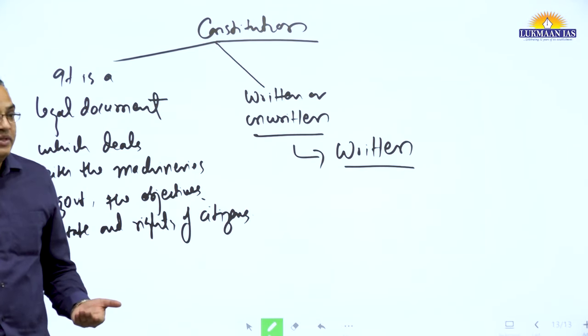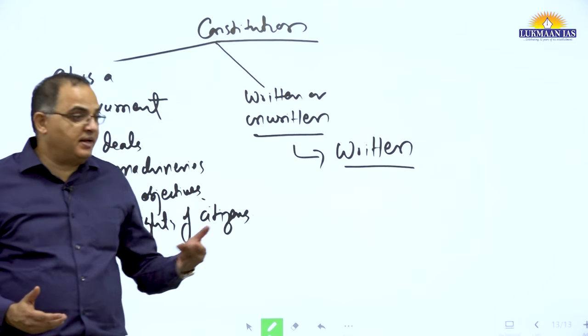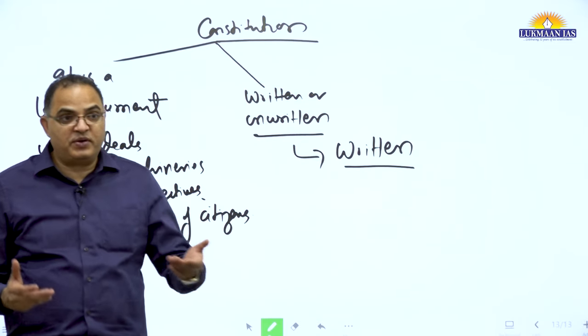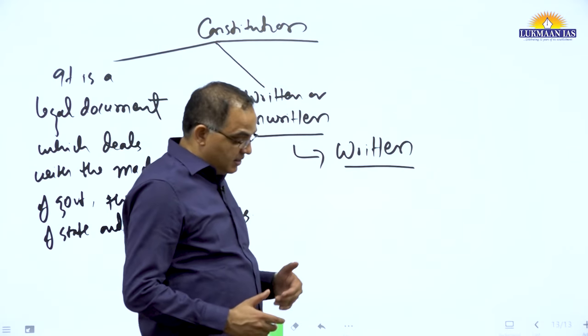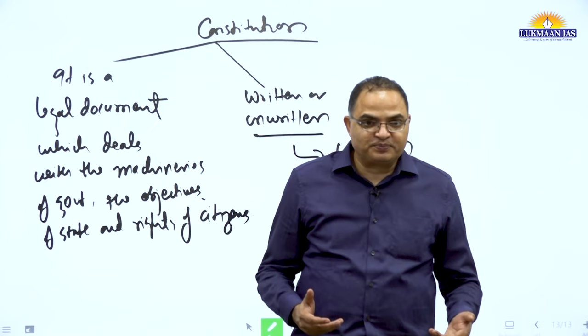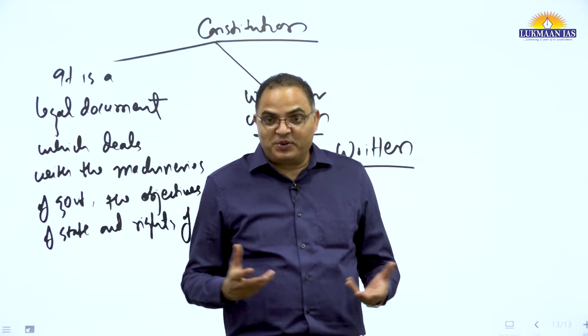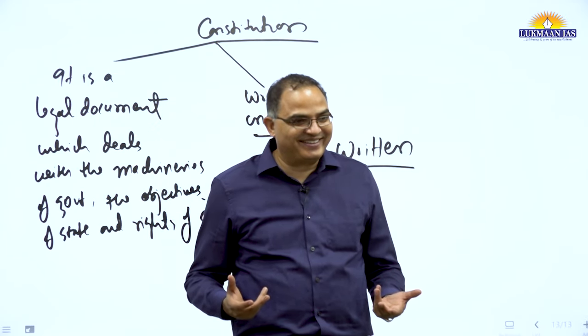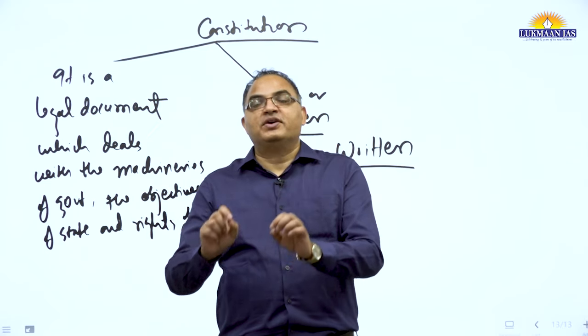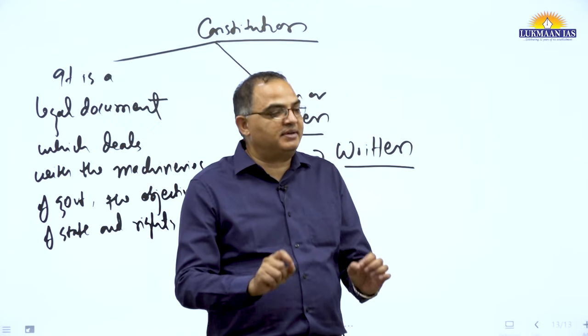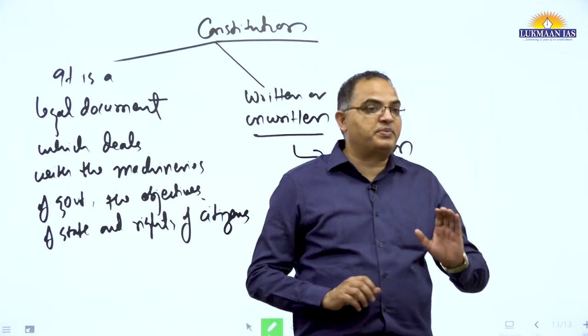Why have we adopted a quasi-federal polity? Why have we entered fundamental rights, and why have we mentioned DPSP? Why is the governor appointed, not elected? You have to know what the Constituent Assembly was thinking, isn't it? It means there is a deliberation. A written constitution is nothing but a deliberate attempt to adopt a constitution.